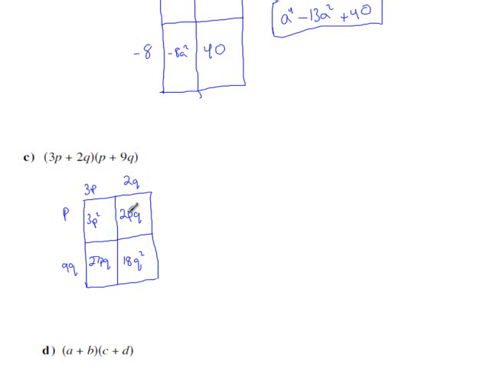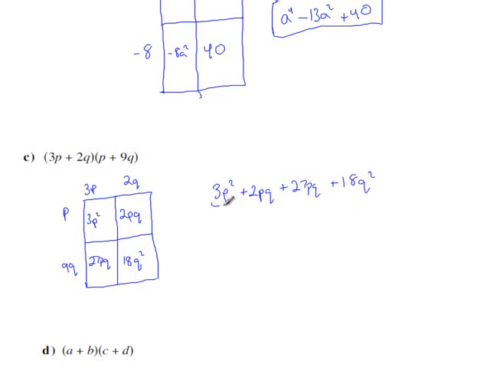If you happen to write one of these as qp and the other one as pq, they're still like terms, because p times q is the same thing as q times p. I just write them in the same order all the time so I don't forget that they're like terms. Okay, add up your 4 mini rectangles. You get 3p squared plus 2pq plus 27pq plus 18q squared.